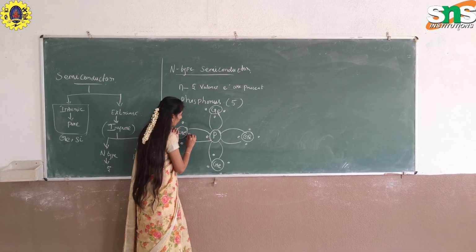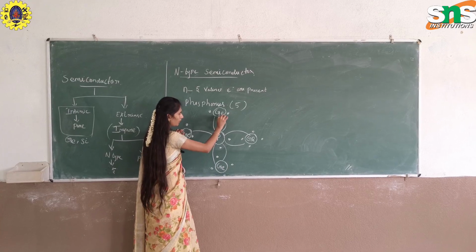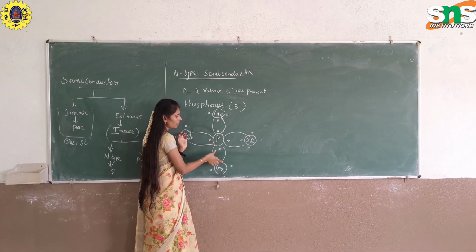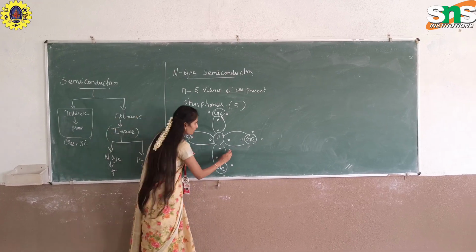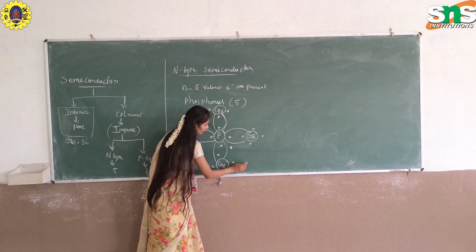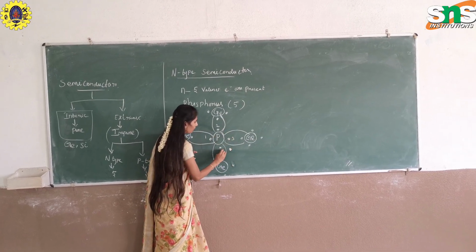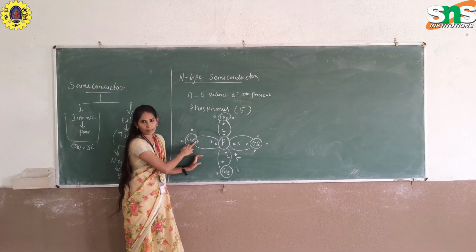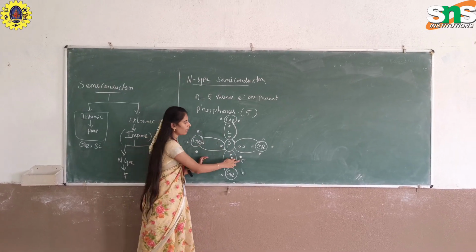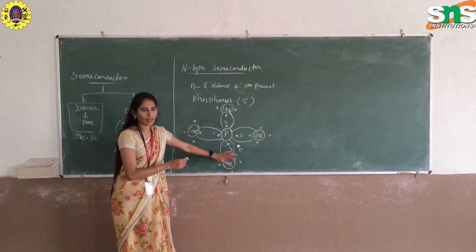These 4 electrons are bonded to the germanium atoms, and the remaining 1 electron is left free. Counting 1, 2, 3, 4 and then 5.